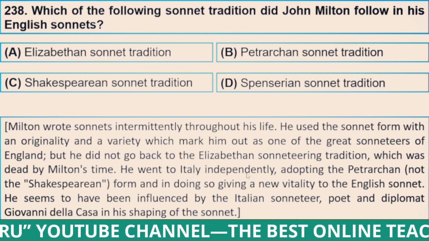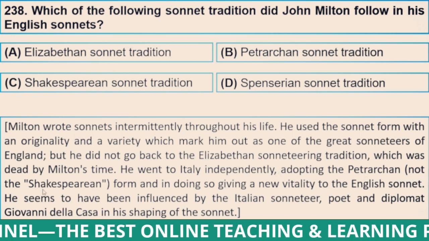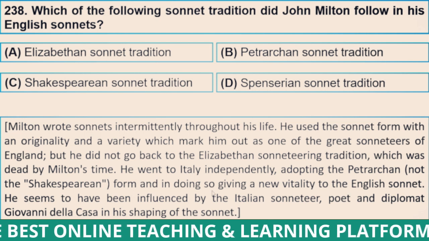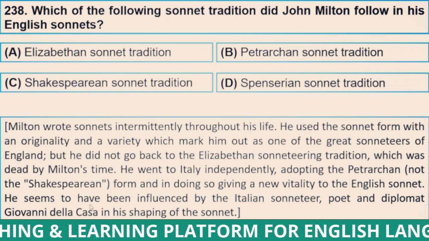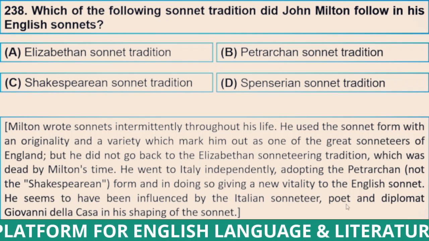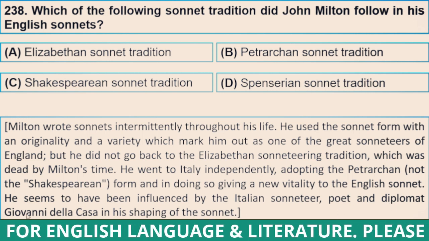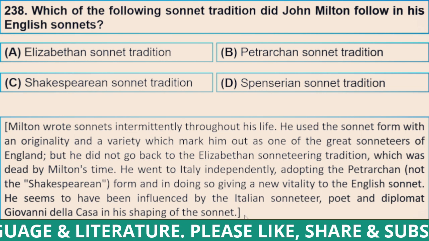He went to Italy independently, adopting the Petrarchan, not the Shakespearean form, and in doing so, giving a new vitality to the English sonnet. He seems to have been influenced by the Italian sonneteer, poet, and diplomat Giovanni della Casa in his shaping of the sonnet.